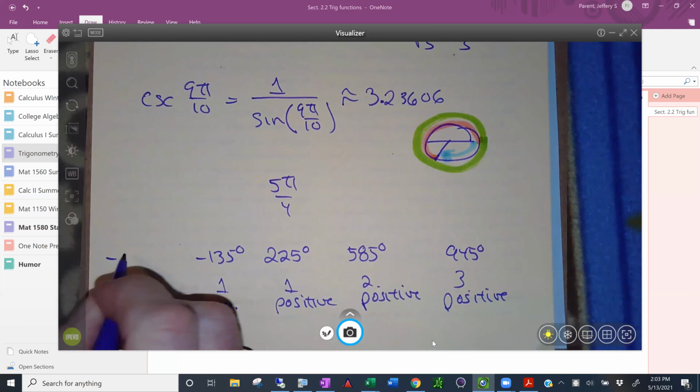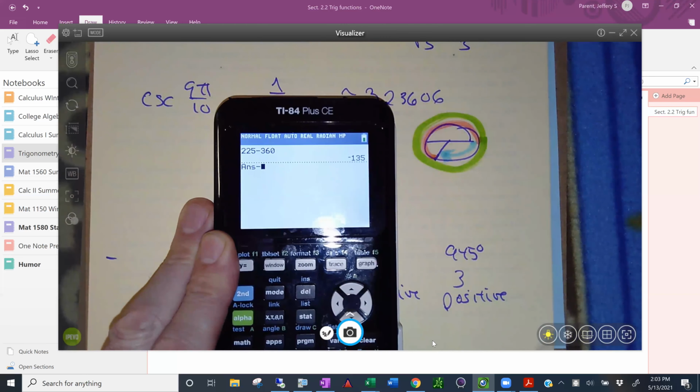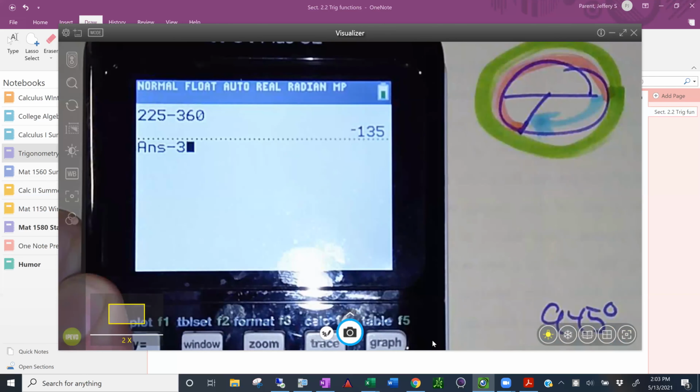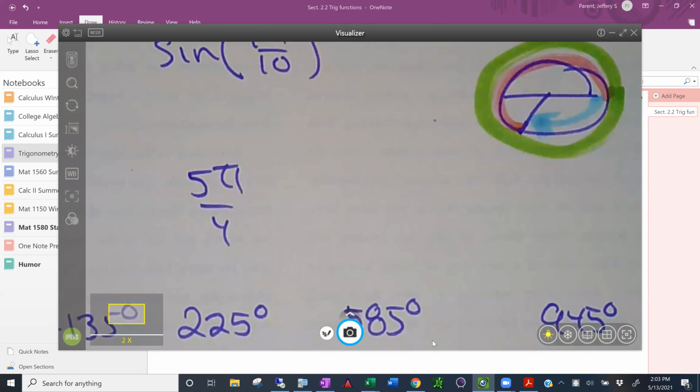In case you're curious, you can hit the minus key and then subtract 360. You get negative 495, and that's your second negative angle.